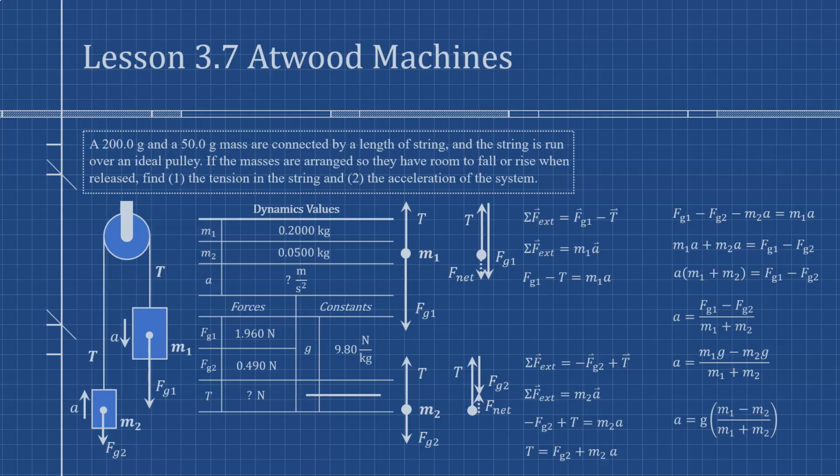Does it make sense that our acceleration is going to be less than the free fall acceleration? Because we have a mass on the other side of the pulley that is pulling backwards and opposing by a certain amount. So this equation also helps us make sense of an Atwood machine in terms of a proportion of the gravitational acceleration.